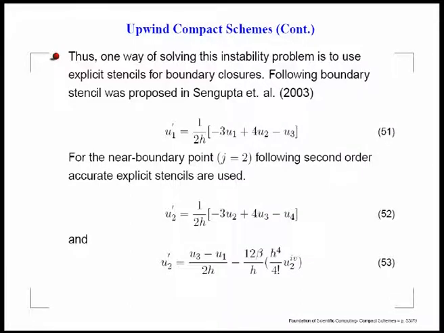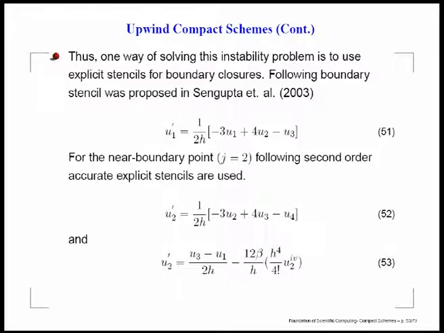Anyway, we are noticing that even attempts at introducing upwind schemes and trying to get stable methods are not always very successful, and they are unsuccessful for the reason that you are trying to have these boundary stencils one-sided, right?